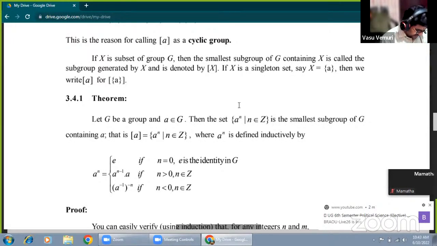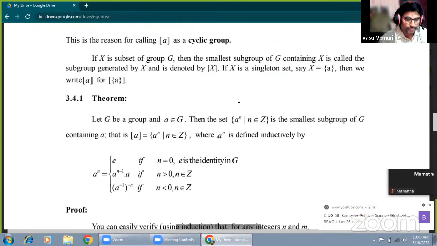And the second one: capital G equals minus i, comma, (minus i) whole power 1, comma, (minus i) whole square, (minus i) whole cube, (minus i) whole power 4. Okay. (Minus i) whole power 1 means minus i. (Minus i) whole square: minus whole square is plus, and i square is minus 1.